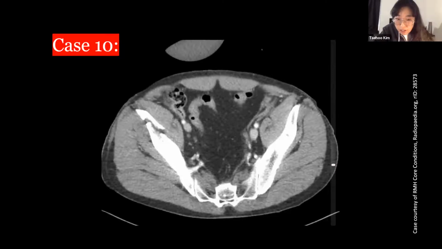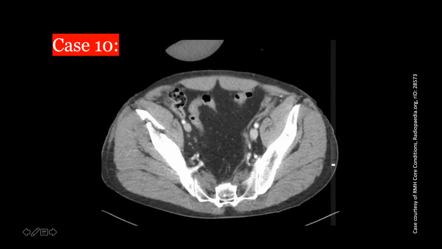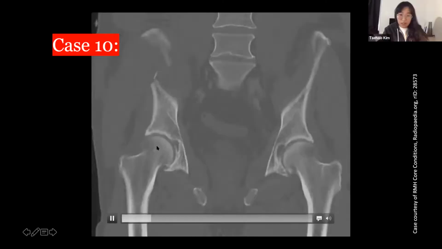Pelvic fracture. Yeah, you got it. There is a pelvic fracture. That's why you have to look for bones too. It's the same patient, but on the coronal view of the CT. You can appreciate the right iliac wing fracture, which is comminuted, and it's causing a lot of retroperitoneal hemorrhage. Good job.